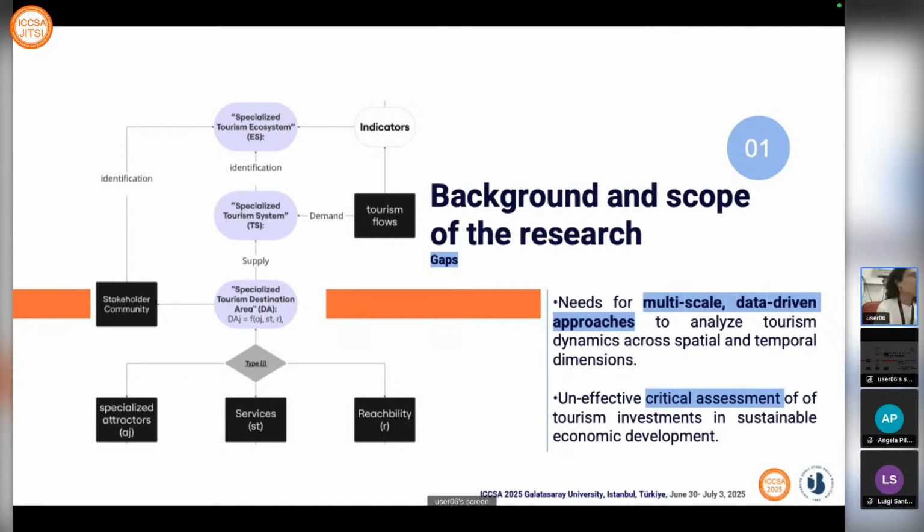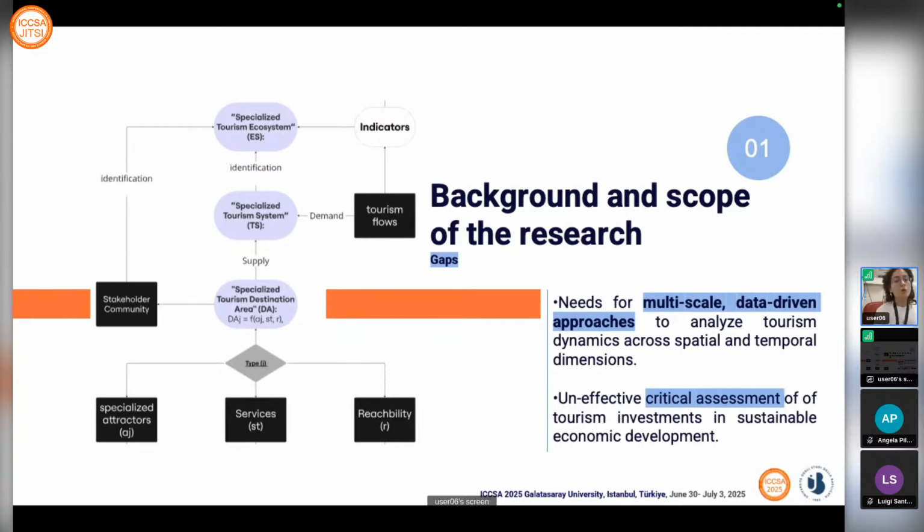So we need to develop approaches that are oriented to a multi-scale and data-driven dimension. And often, the lack of adequate tools able to analyze the territorial systems through the lens of tourism leads to an ineffective critical assessment.